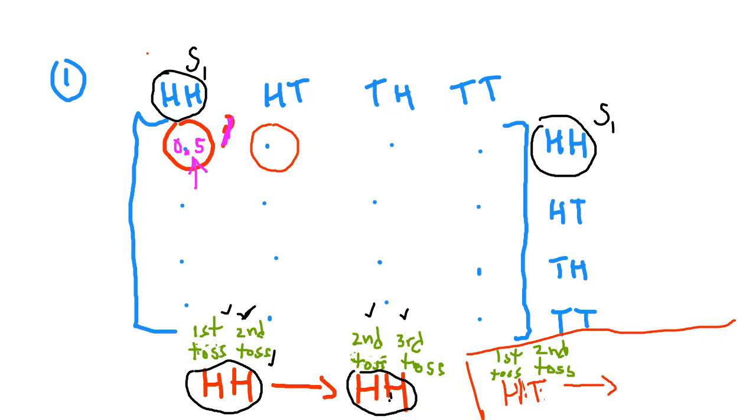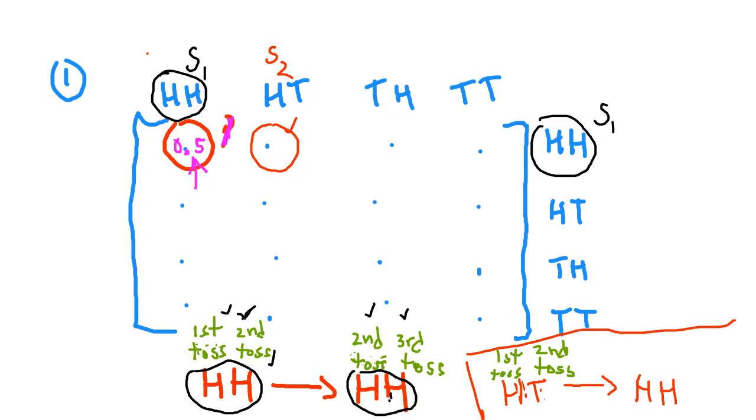And that state there, in this entry, you're going from the head tail state, which is the second state, S2, and you're trying to get to state 1. State 1 is HH.